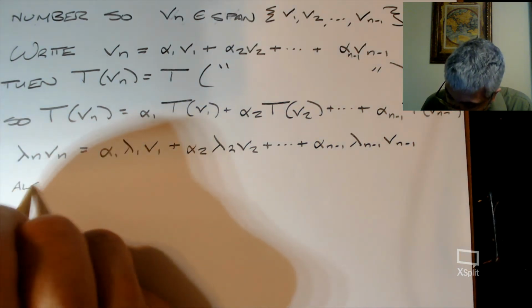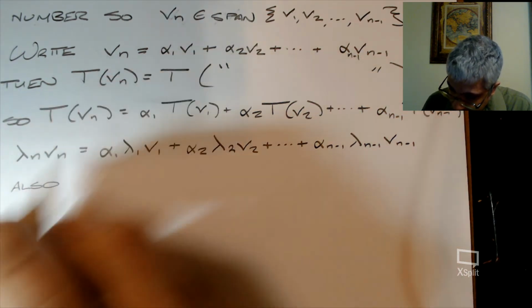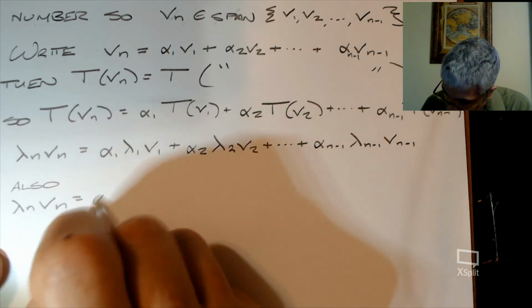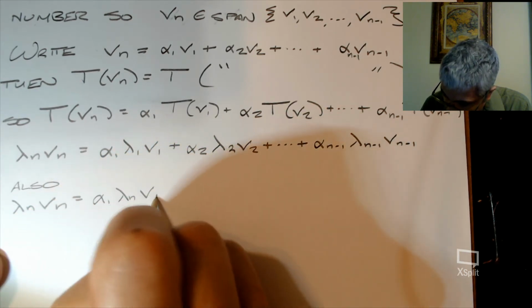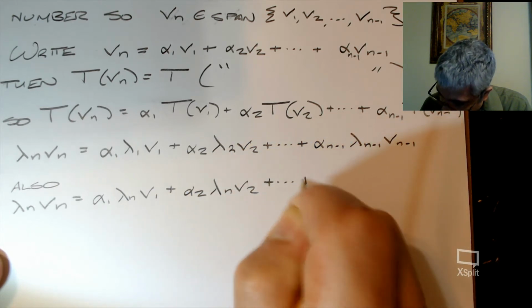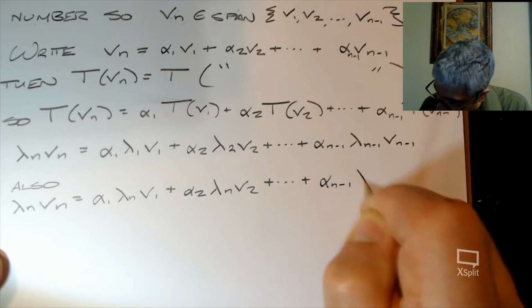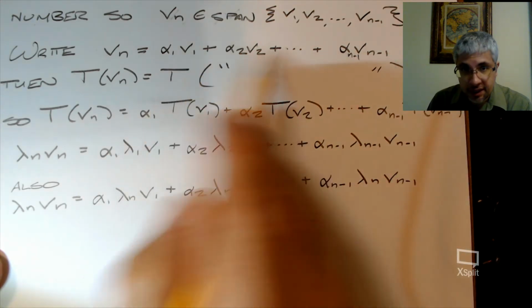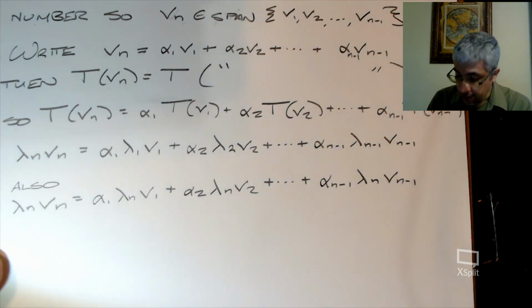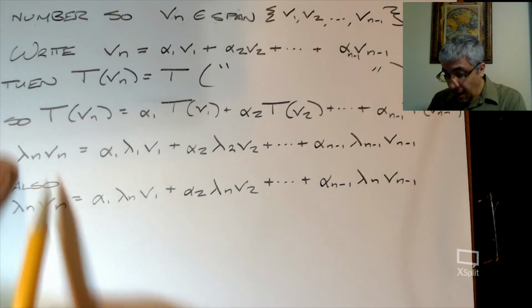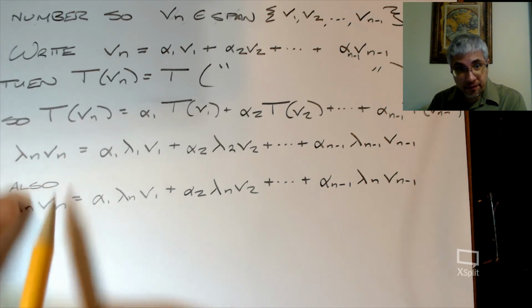So by multiplying lambda n to both sides, lambda n Vn is equal to alpha 1 lambda n v1 plus alpha 2 lambda n v2 plus dot dot dot alpha n minus 1 lambda n v n minus 1. So I'm getting this by multiplying by lambda n. And why would I think to do that? Well, because then these two are equal.